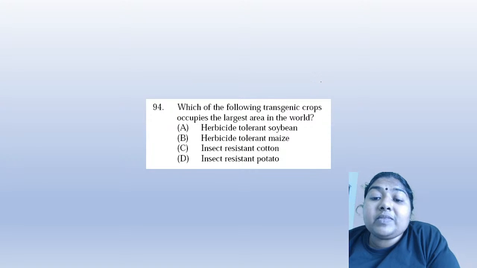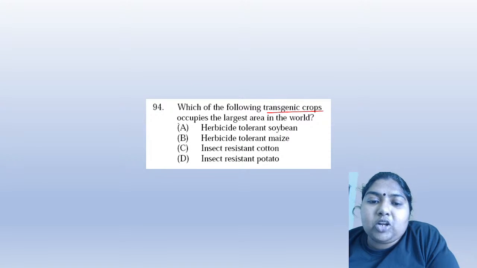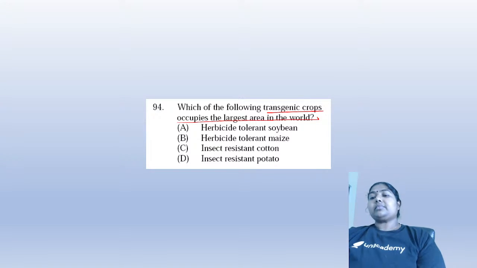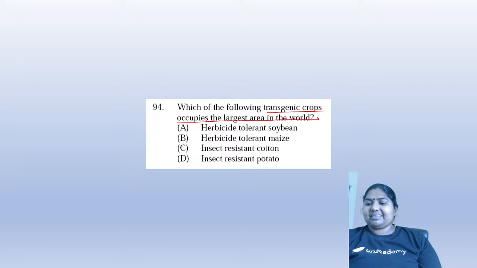Very good. Which one of the following transgenic plants occupies the largest area in the world? Come on, everybody, give a try for this question. Largest area in the world.